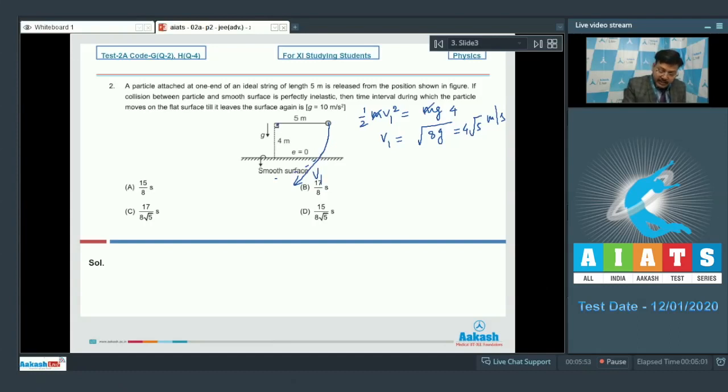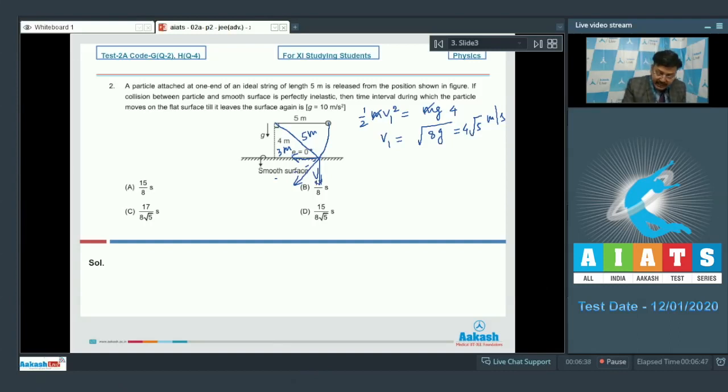Now at this point, this distance is 5 meter because the particle is moving along an arc of radius 5 meter, which is the length of the string. So we have a right angle triangle whose one side is 4 meter, the hypotenuse is 5 meter. The other side will obviously be 3 meter by applying the Pythagoras theorem. And this is the velocity v1 before hitting the surface. Let's resolve it into its horizontal and vertical components. We are interested in the horizontal component.